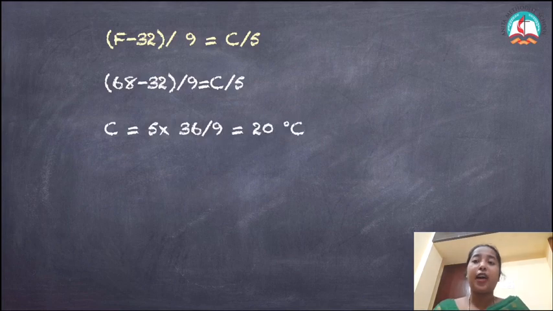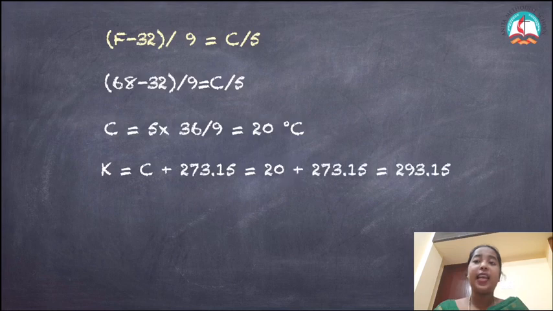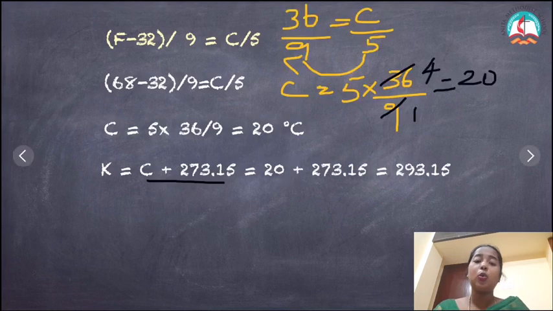Now we're going to find out Kelvin. What is the formula for Kelvin? K is equal to C plus 273.15. Here, Celsius, what we found, the C value is 20. So 20 plus 273.15.